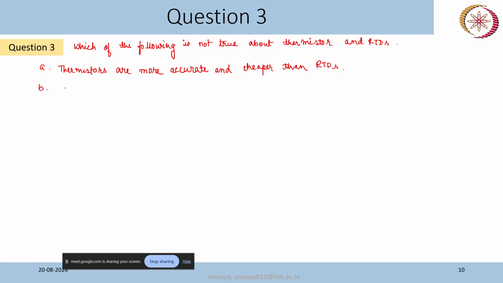Second statement is thermistors have faster response time than RTDs. Third statement is thermistors can measure temperature over a wide range than RTDs.